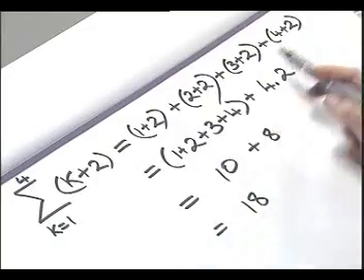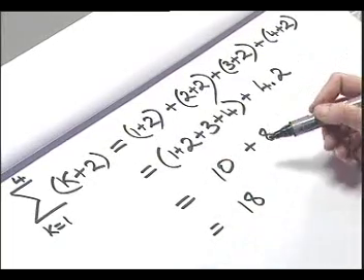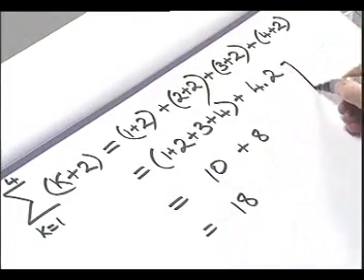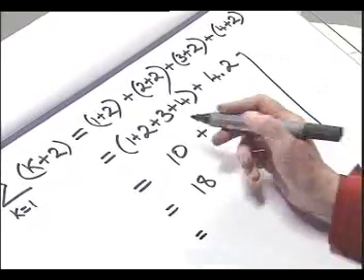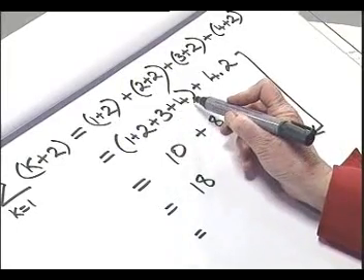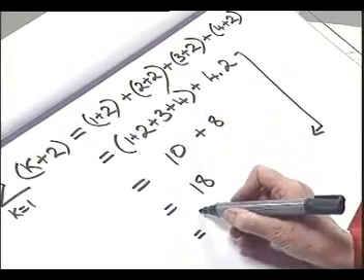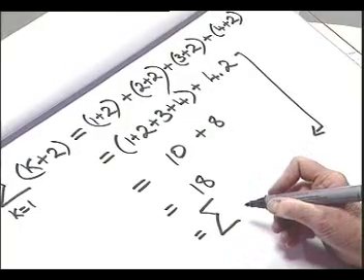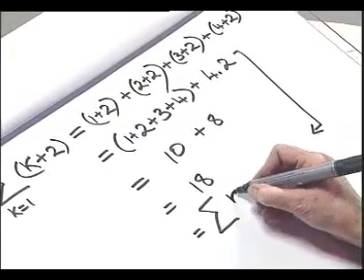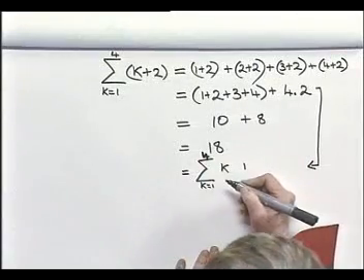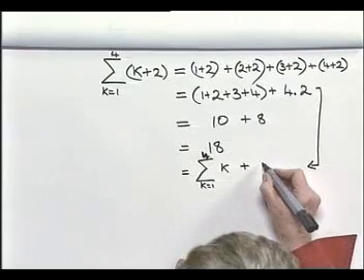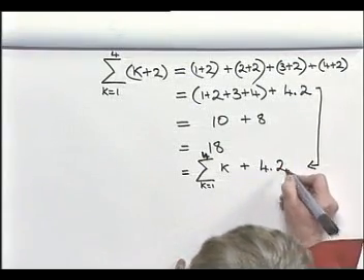Can we look and see at any line, can we use the sigma notation more easily? Well, if we look at this line, we've seen part of this before. 1 plus 2 plus 3 plus 4 can be written more easily using sigma notation as sigma k from k equals 1 to 4, plus, then we've got 4 times 2.